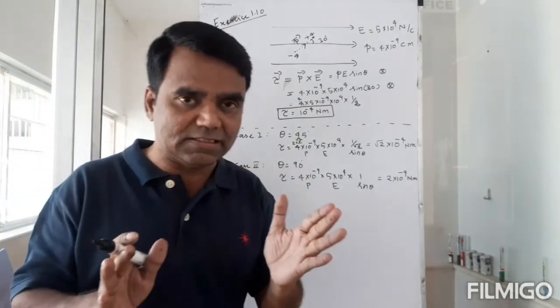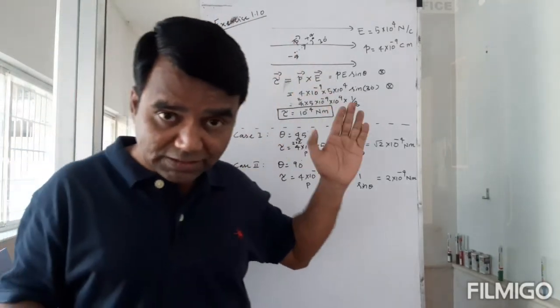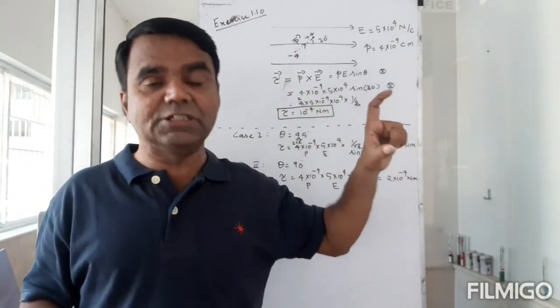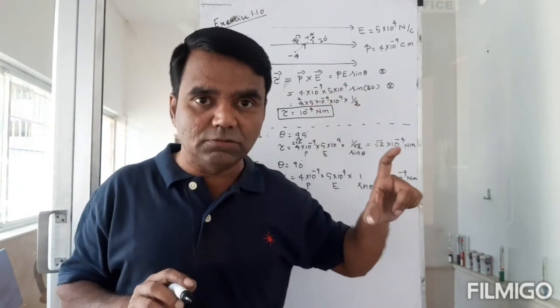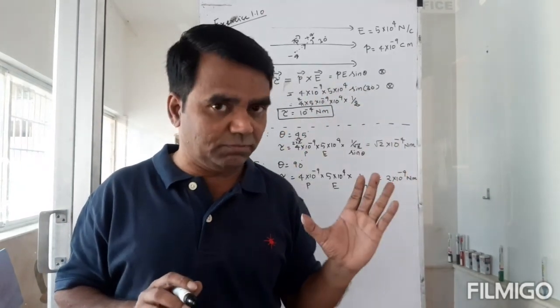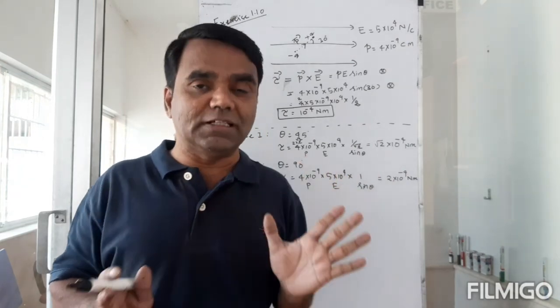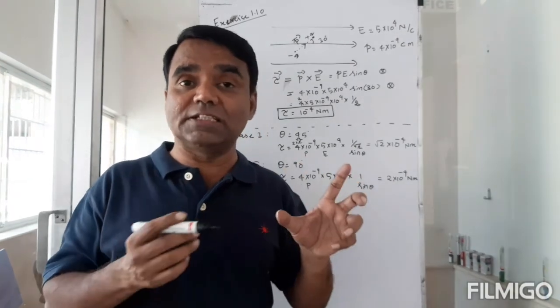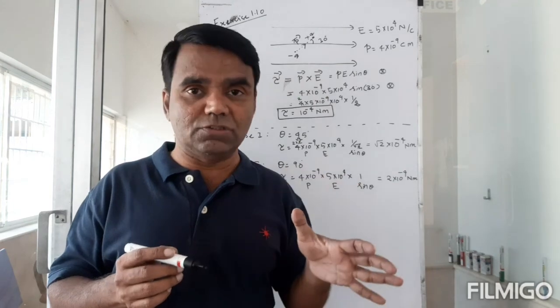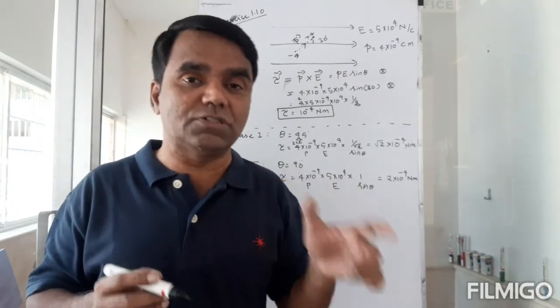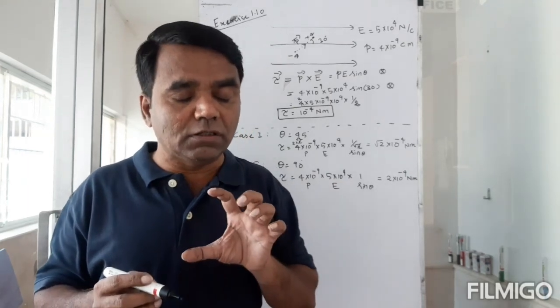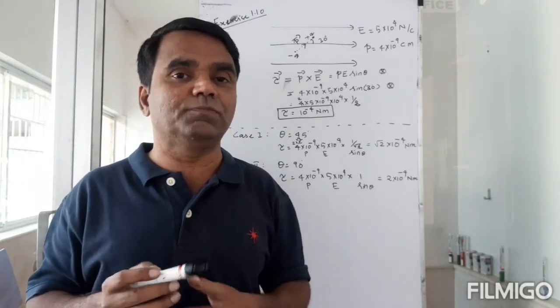But the idea is this: in a uniform electric field, the net force acting on a dipole is always 0, but the net torque is not 0. In a non-uniform electric field, the net force acting on the dipole is not 0, and the net torque acting on the dipole is also not 0.